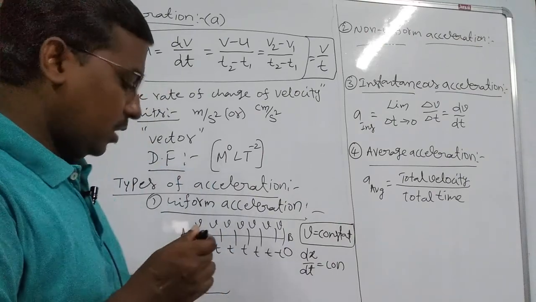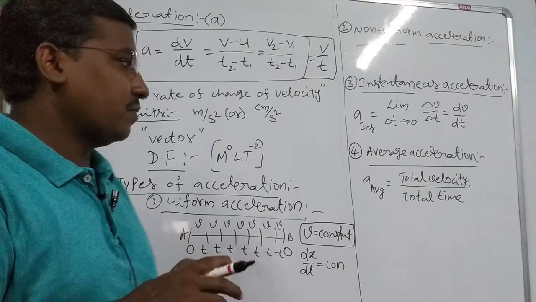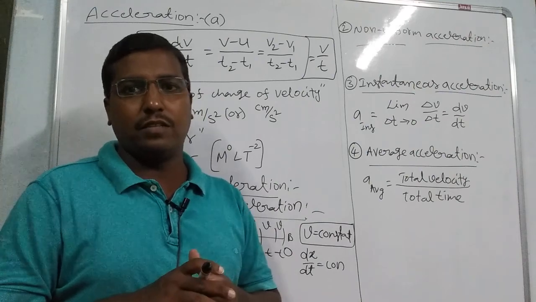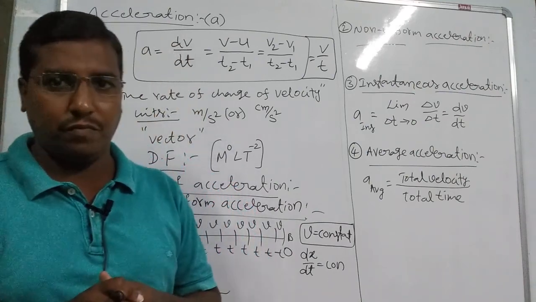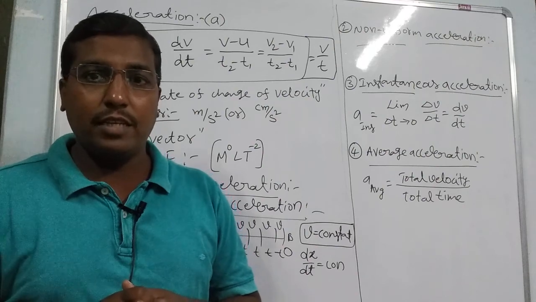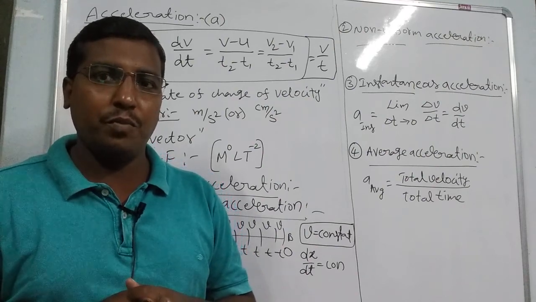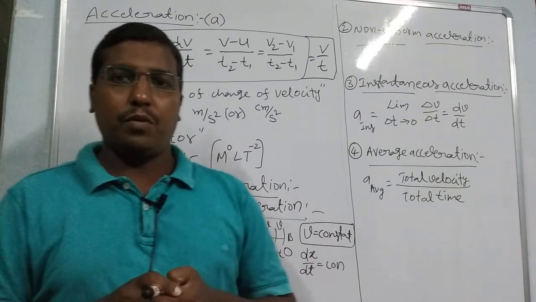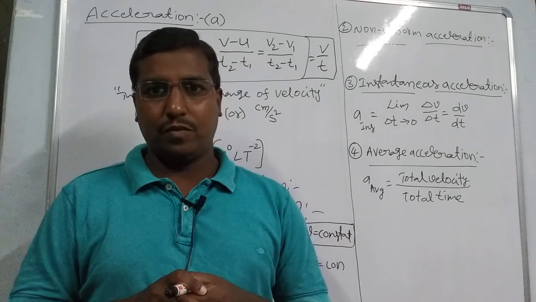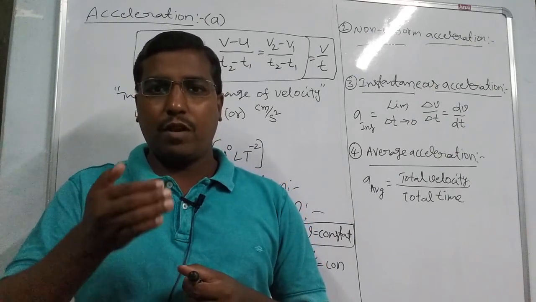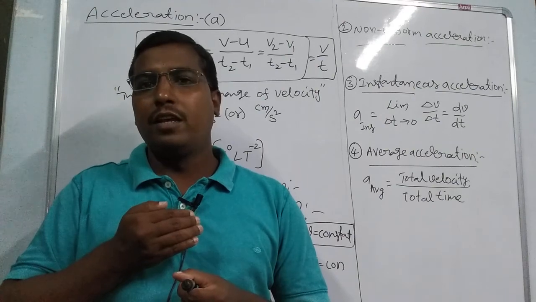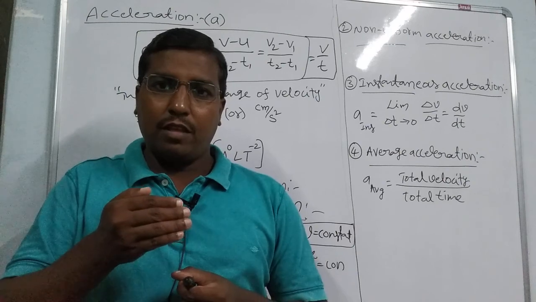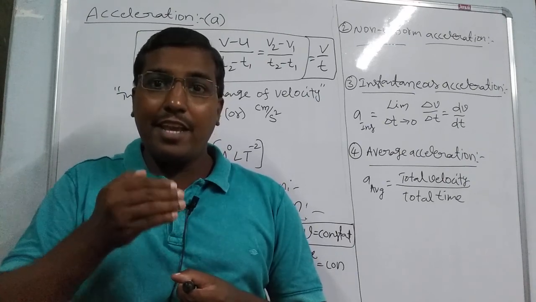What about the sign of acceleration? In case velocity increases, acceleration is said to be positive. In case velocity decreases, acceleration is said to be negative. When we apply brakes on a vehicle, before applying the brakes the vehicle is in acceleration, and after applying the brakes the vehicle is in deceleration.